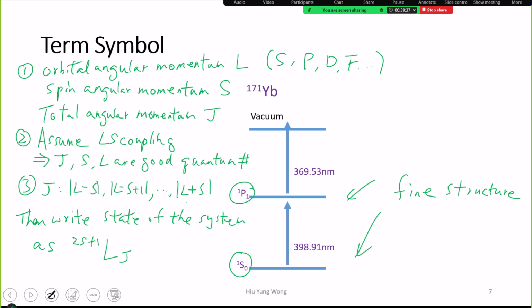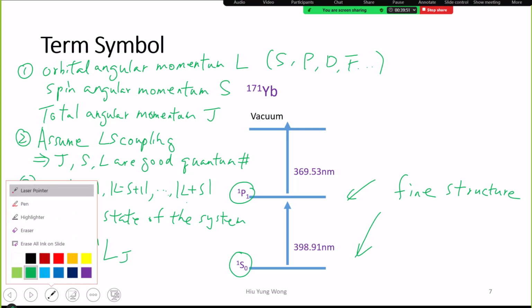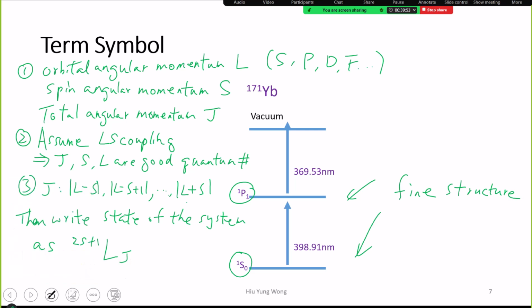Okay? So what does it mean? The superscript is 2 times the spin plus 1. And this L is the angular momentum state, and J is the total angular momentum. Right? So let me give you an example.